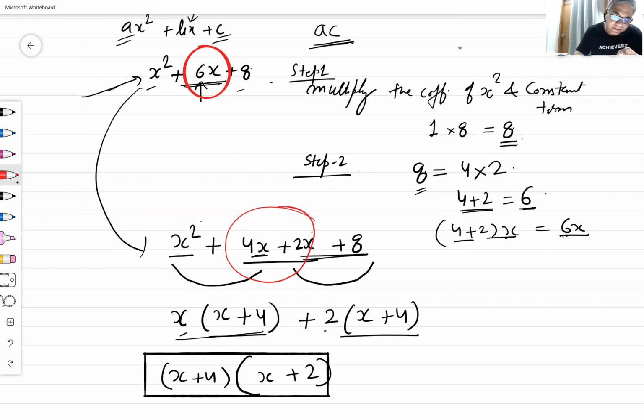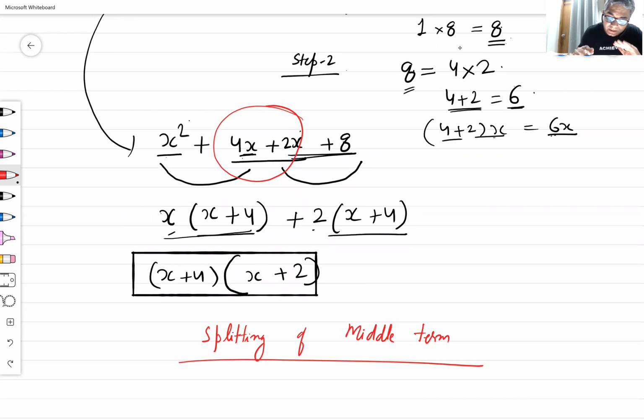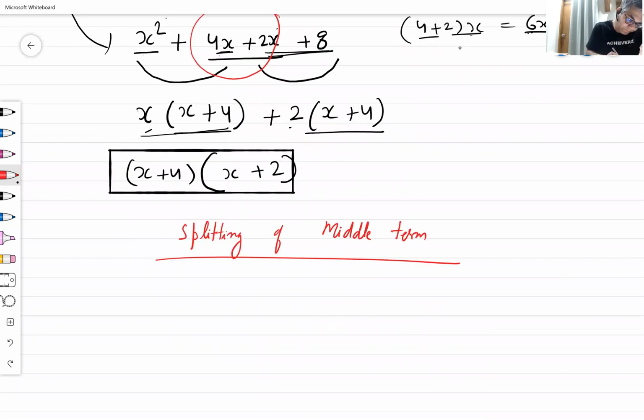So that is why this name, splitting of middle term. The complete method will be known as factorization by splitting of middle term. So this is our method. All right.